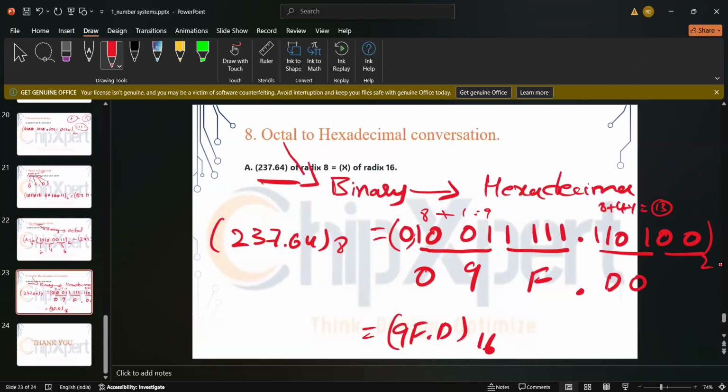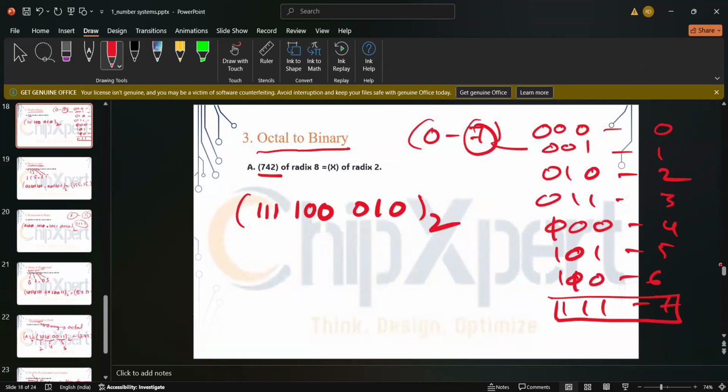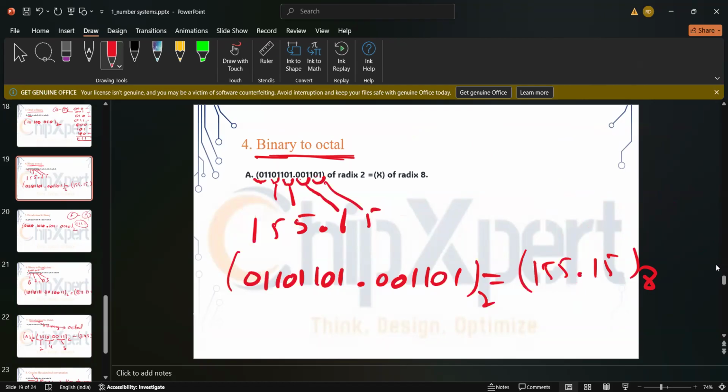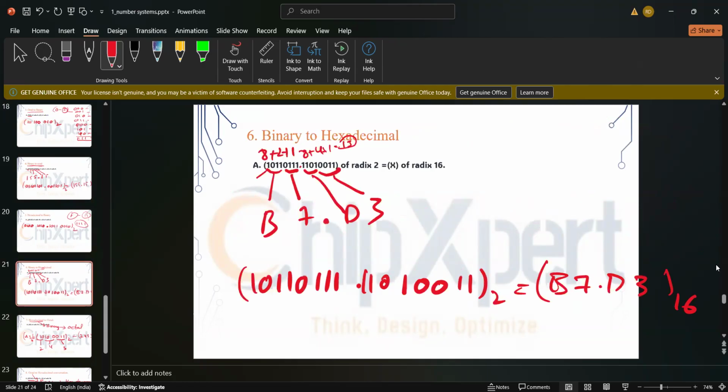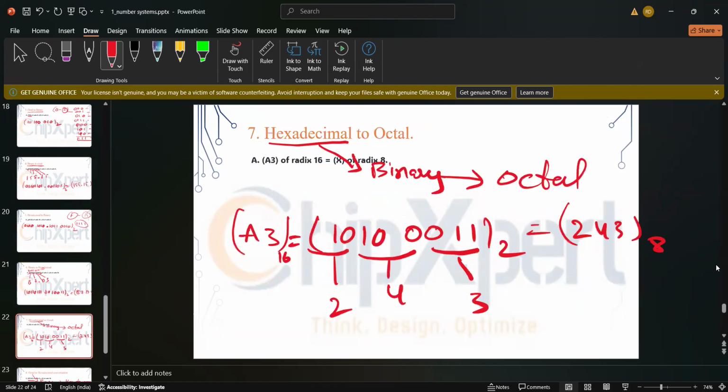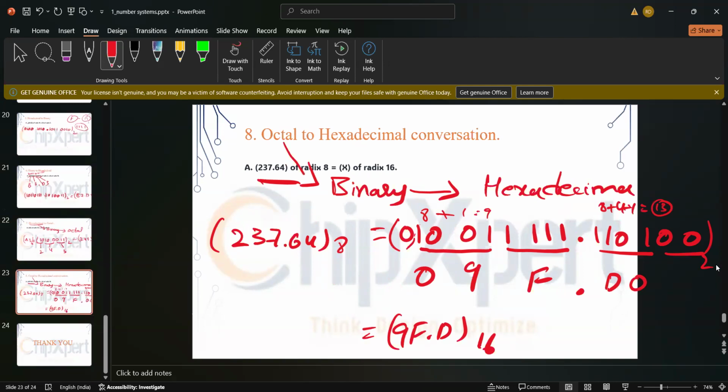So this is all about conversions. Totally how many conversions have we done? For decimal to any other number system we have 3. For any other number system to decimal we have 3. 3 plus 3 is 6, and octal to binary 7, binary to octal 8, hexadecimal to binary 9, binary to hexadecimal 10, hexadecimal to octal 11, and octal to hexadecimal 12.